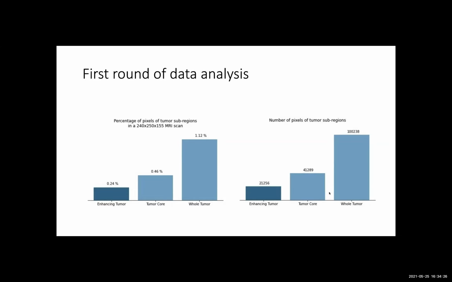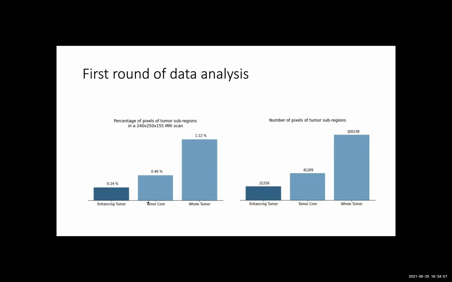I have noticed that the number of pixels belonging to the enhancing tumor is pretty small compared to the other types of tumor. This is true because the whole tumor consists of the tumor core and the enhancing tumor, which makes me think that combining four modalities is not very good for the enhancing tumor because it has a smaller amount.